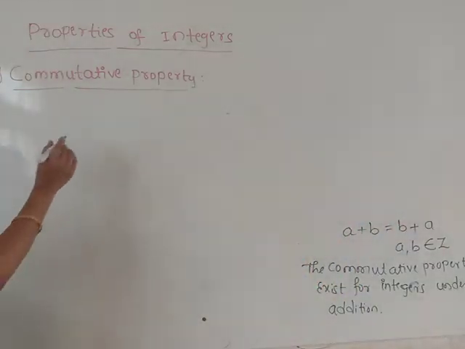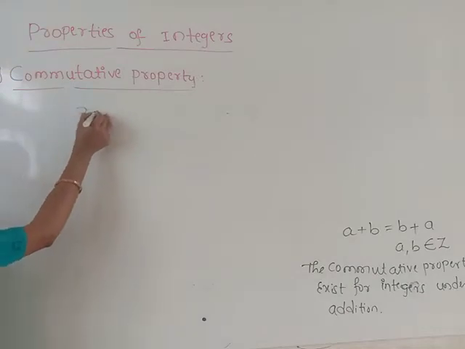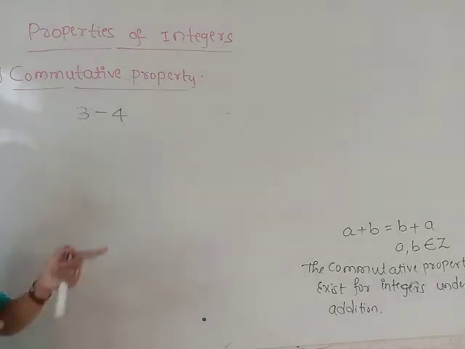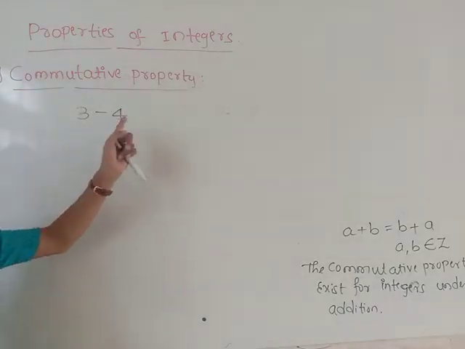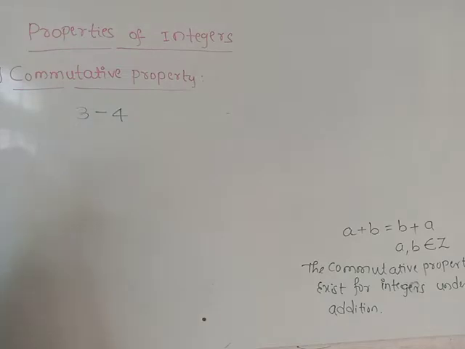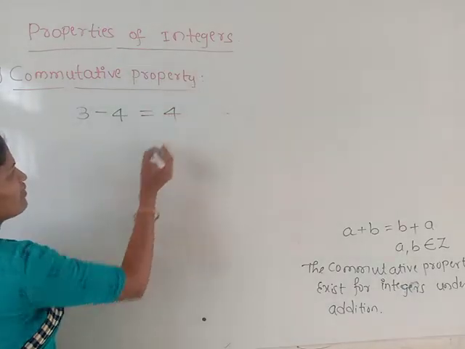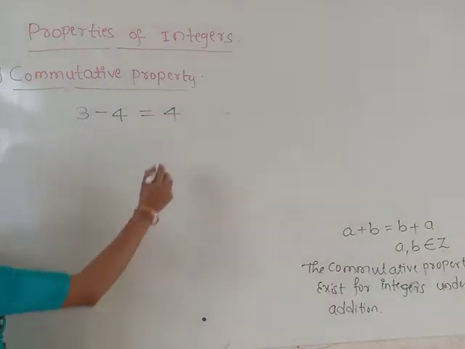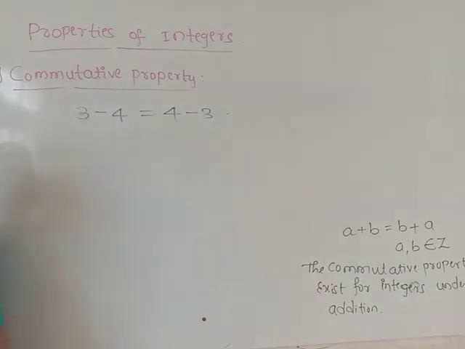Now, I'll take 3 minus 4 on one side, and on the other side, 4 minus 3. One is a positive integer, one is a negative integer.